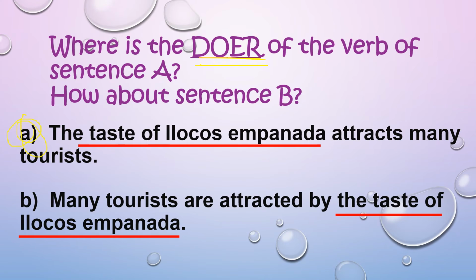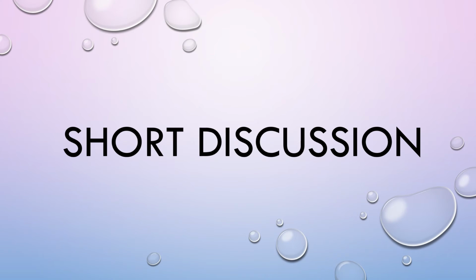So if you notice, hindi nagbago yung doer of the action for sentence A and sentence B. What happened? It just changed its position in the sentence. Lumipat lang siya ng pwesto. And again, if you notice, for sentence B, the doer of the action is introduced by the word by.